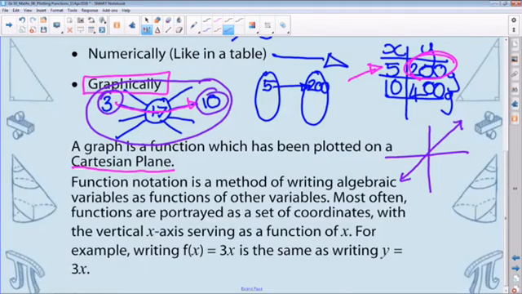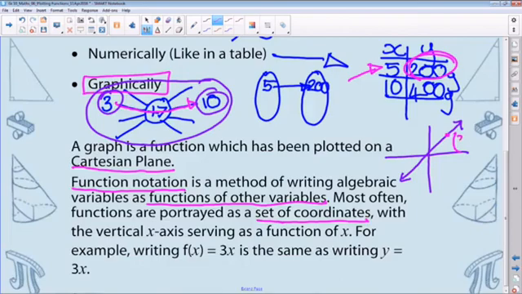Okay, the next point says, function notation is a method of writing algebraic variables as functions of other variables, and that's important. Functions of other variables. Most often, functions are portrayed as a set of coordinates, and of course you know how coordinates are formed. Let's put a coordinate over here.